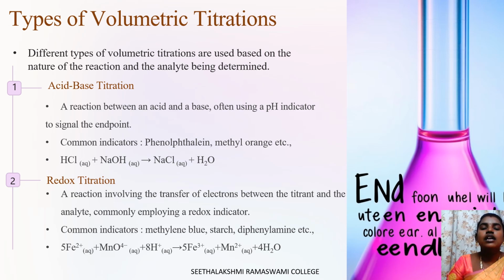Second one is the redox titration, a reaction involving the transfer of electrons between the titrant and the analyte. Here, the common indicators used for this type of titration are methylene blue, starch, diphenylamine, etc. An example for this type of titration is ferrous sulfate reacting with potassium permanganate.